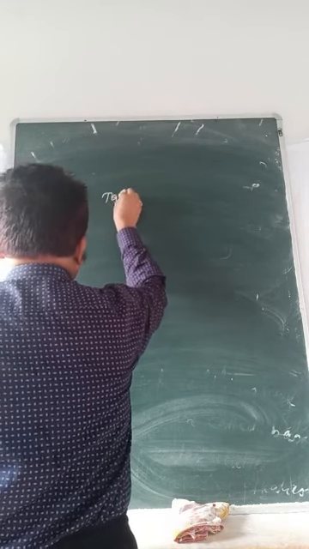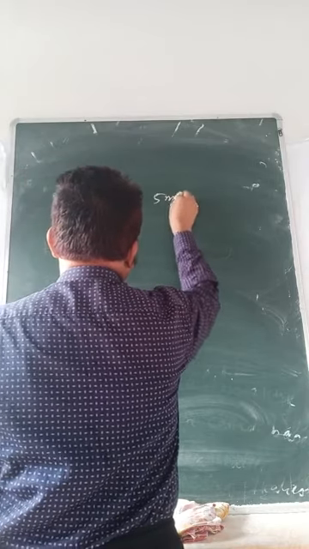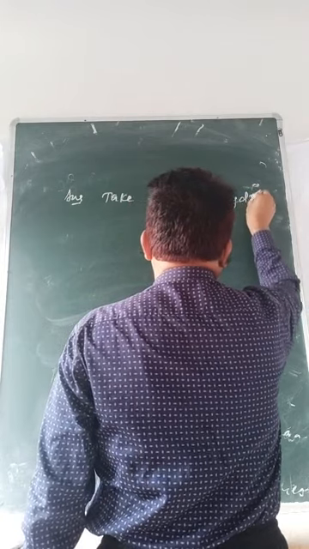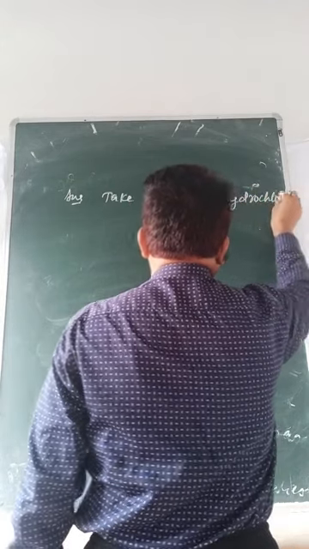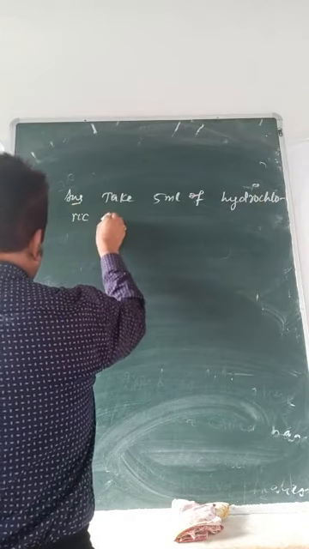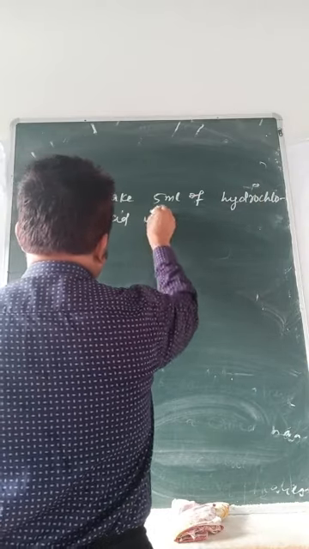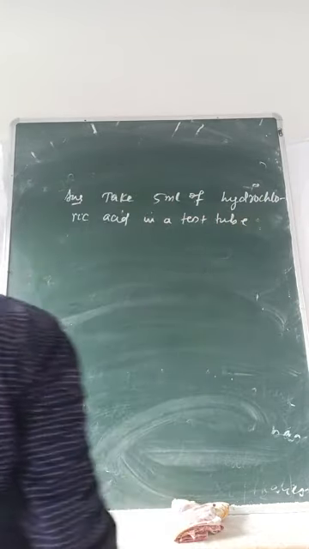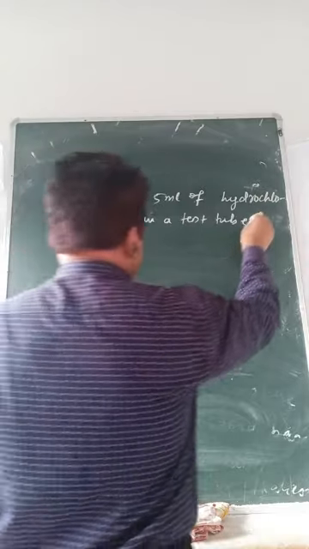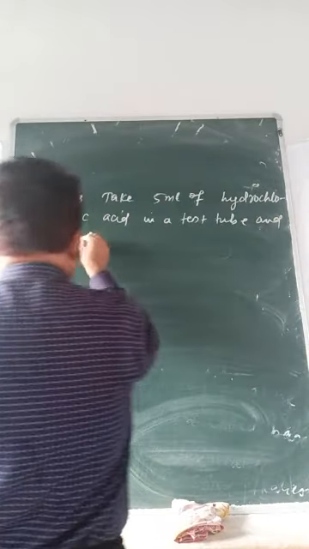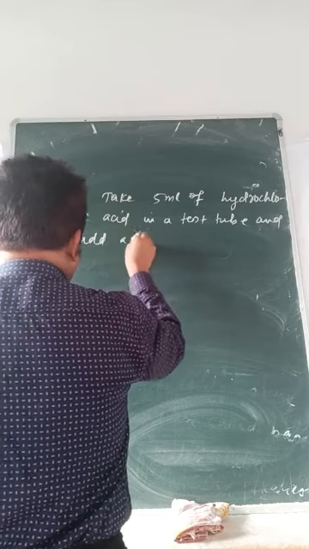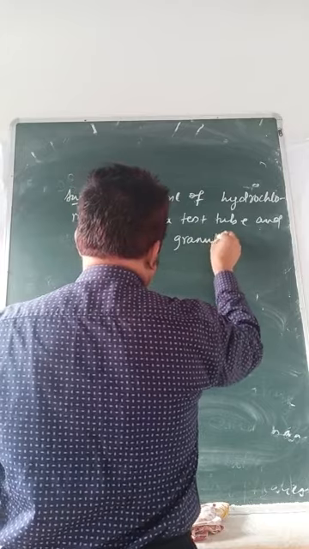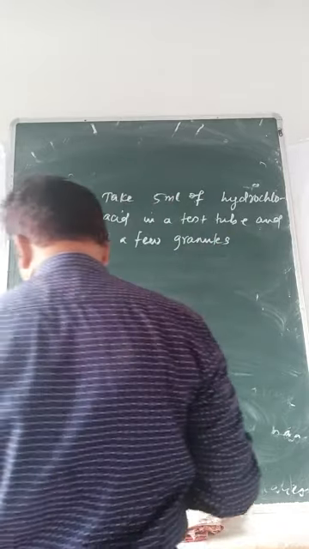Take 5 ml of hydrochloric acid in a test tube. Okay, and few granules of zinc into it.